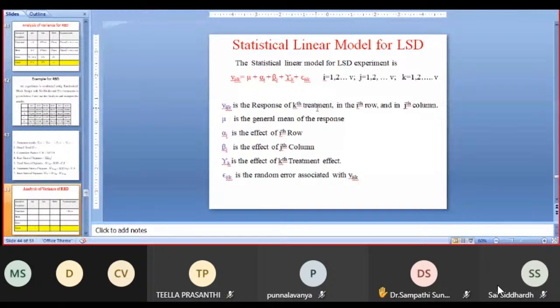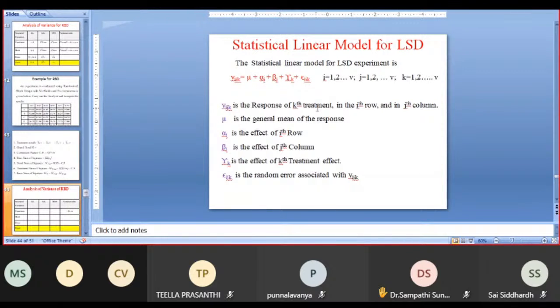And in that case, we can go for the three-way classification model. So Yijk is equal to mu plus alpha i plus beta j plus epsilon ijk. But here the randomization is restricted and the local control principle is fully involved, but the repetition principle is also restricted. Even the one-way restricted randomized block design is nothing but a lattice square design.